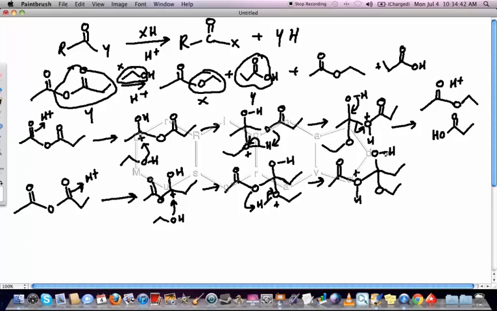And then the C double bond O will reform and kick out the leaving group. And that gives us our products.